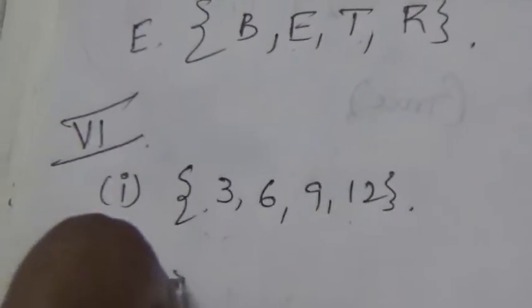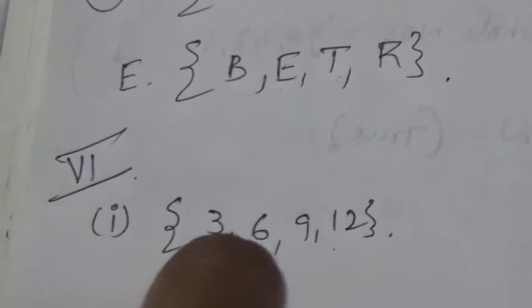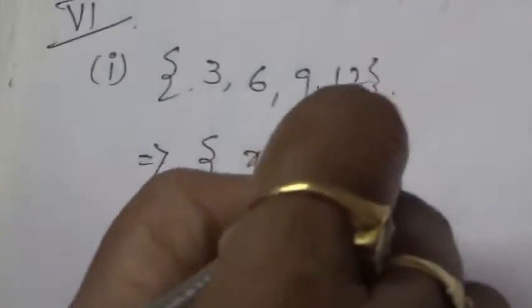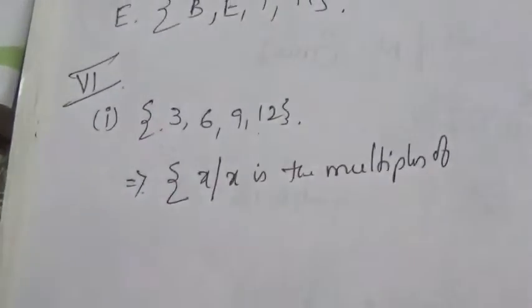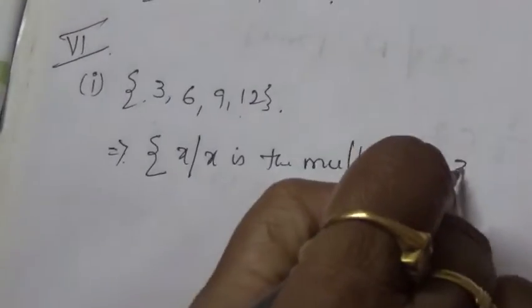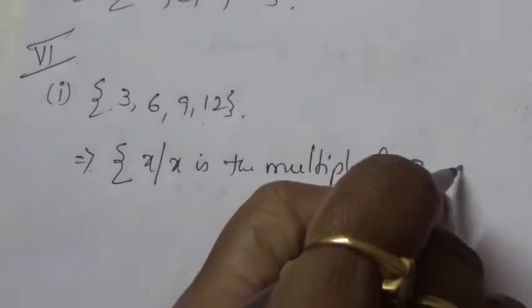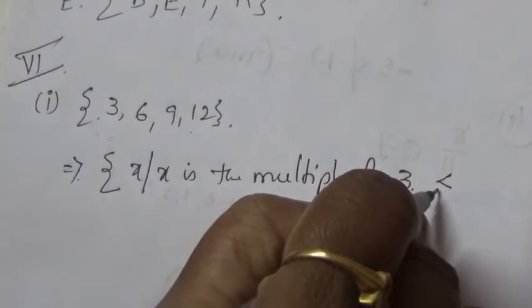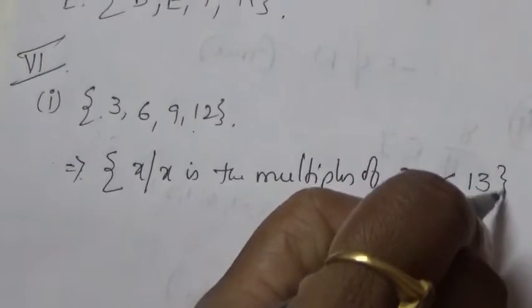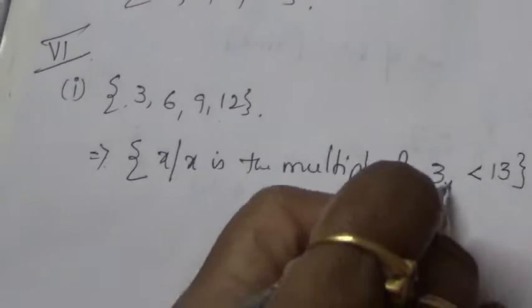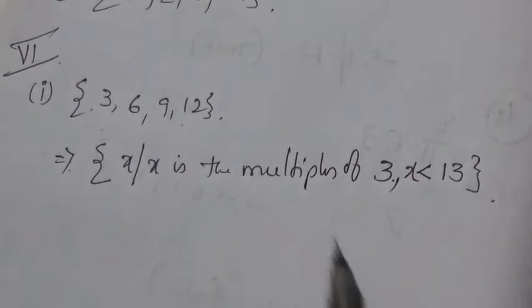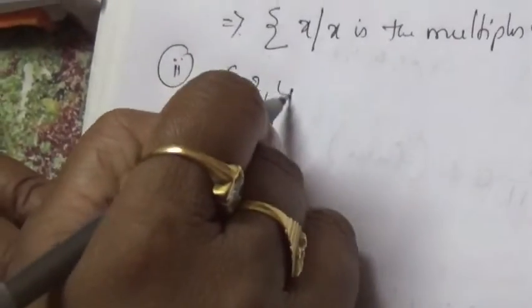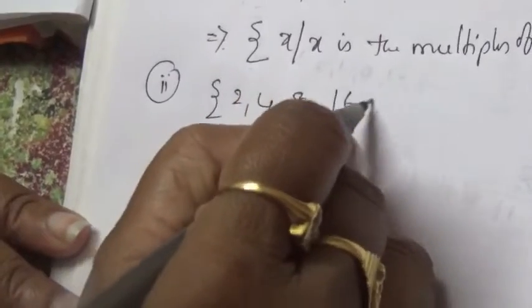So how can we write it in set builder form? {x : x is a multiple of 3 which is less than 13}. Which is less than 13. x is less than 13. Okay. So the second one, 2, 4, 8, 16, 32.